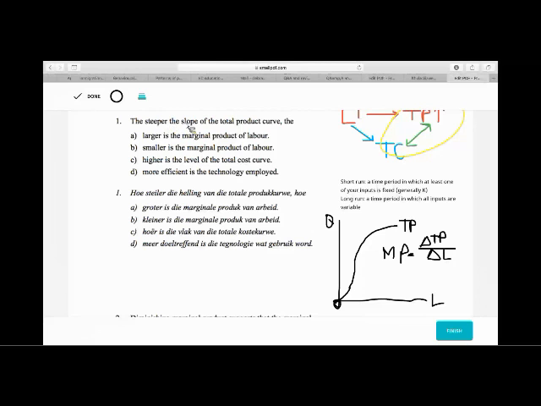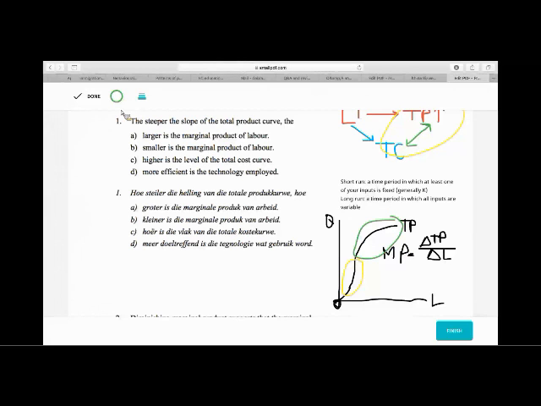So the steeper the slope of the total product curve, which is around here, so that's where your total product curve is steeper, that means that the marginal product of labor is larger. This is when your labor is becoming increasingly more productive. Once your slope begins to get flatter, so up here, that's when each additional unit of labor is becoming marginally less productive.